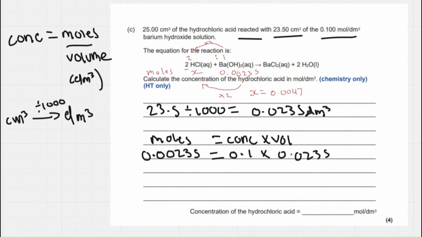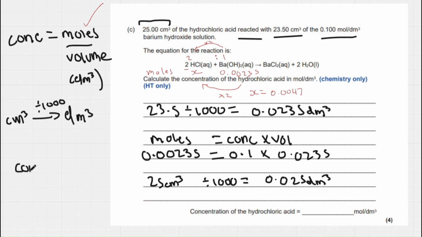Now, since we know the moles of hydrochloric acid, we can now work out the concentration of hydrochloric acid because we have the moles and we also have the volume, which is right here. So again, we need to convert 25 centimeter cubed to decimeter cubed, which we do by just dividing by 1000. Now we just simply plug the values into the equation.